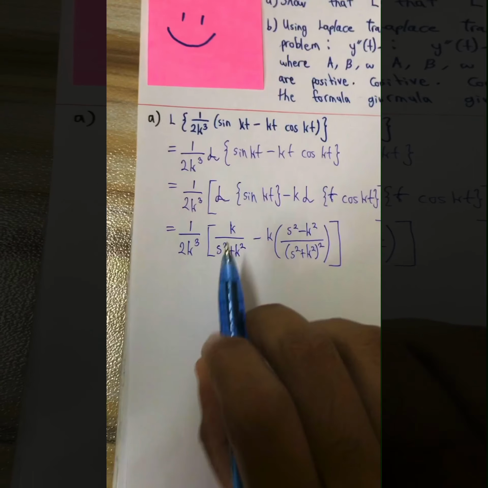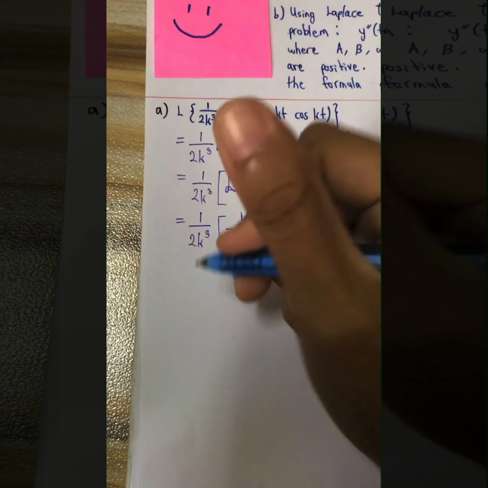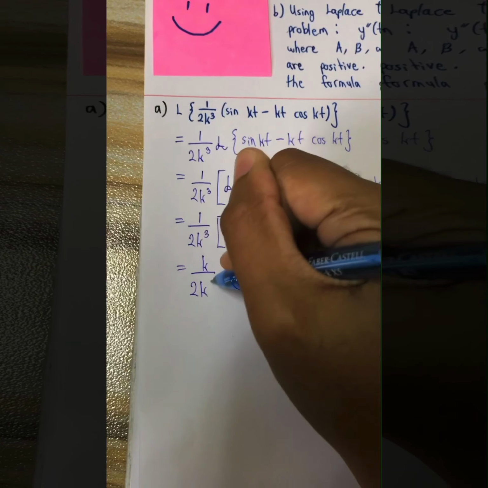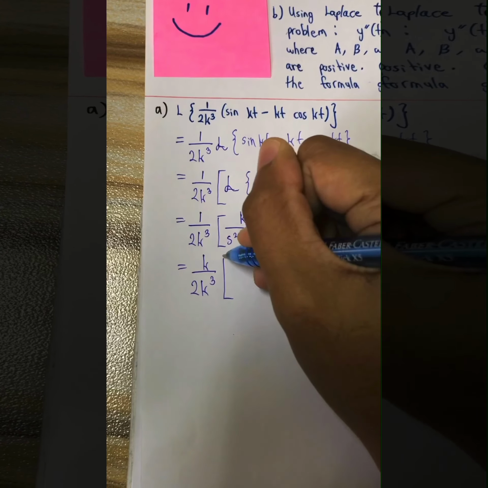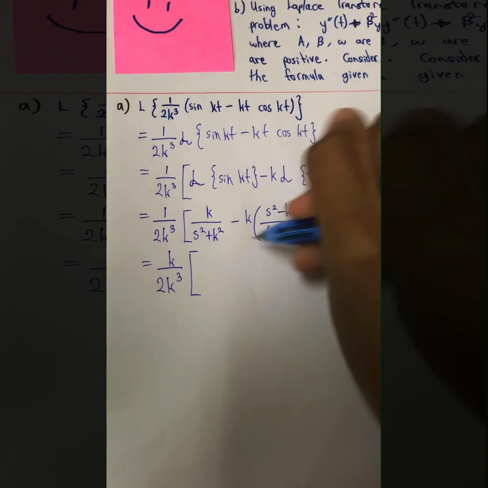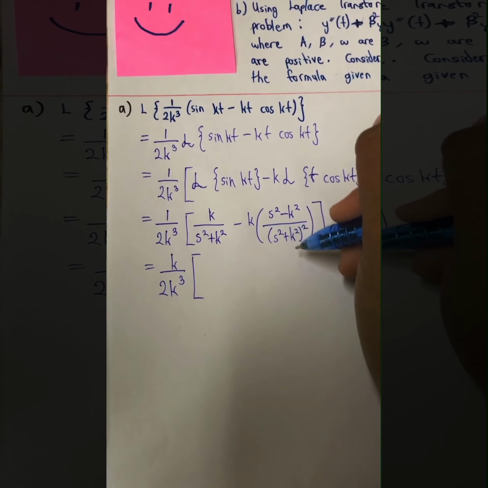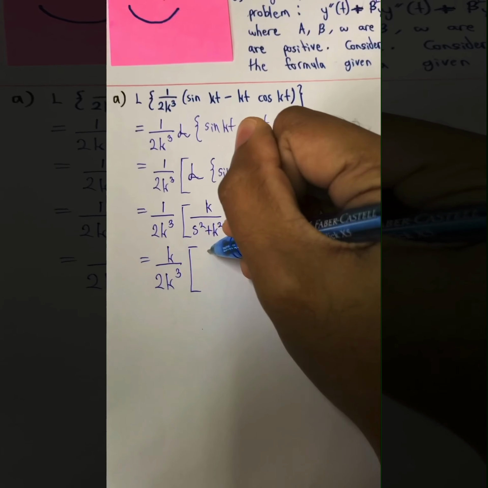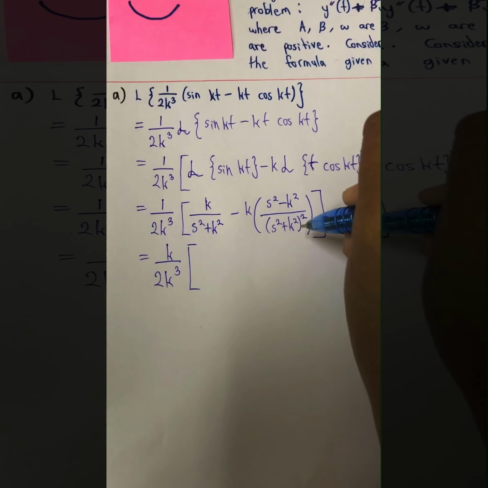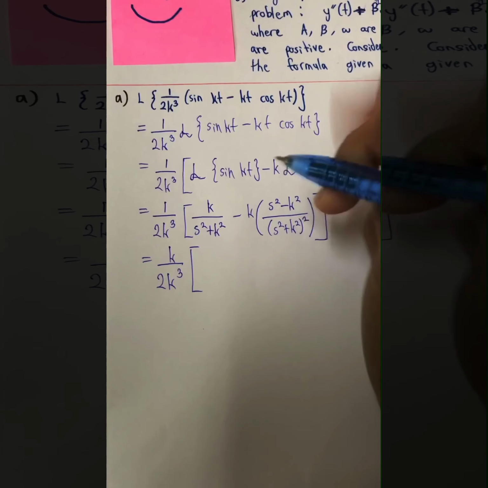Here we can factor out the k, so we get k over 2k cubed times these two fractions. We can solve this by making the fractions one term.